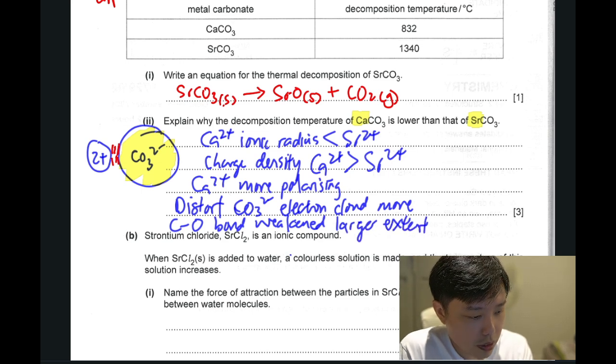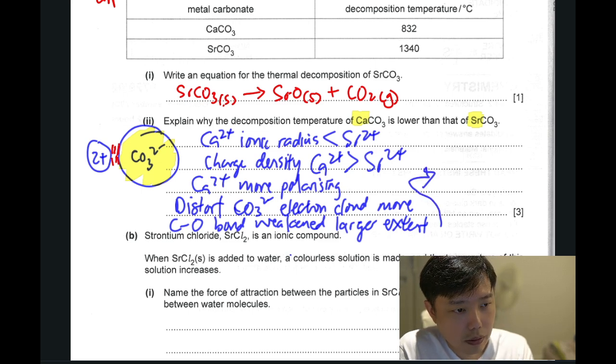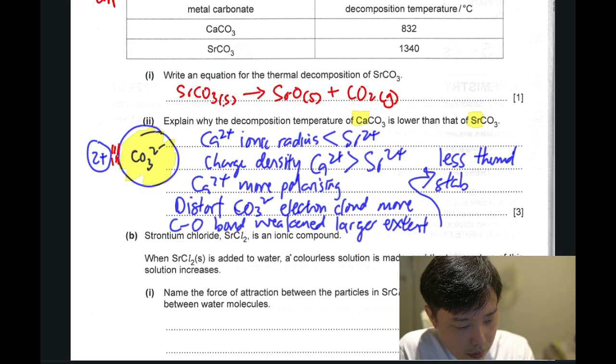So this just means that you will have a less thermally stable anion electron cloud.